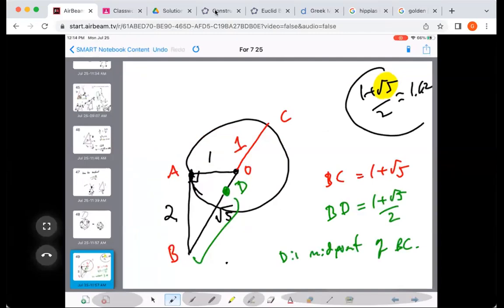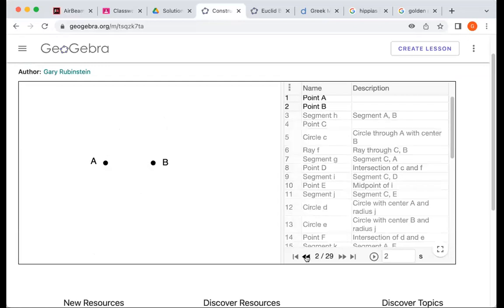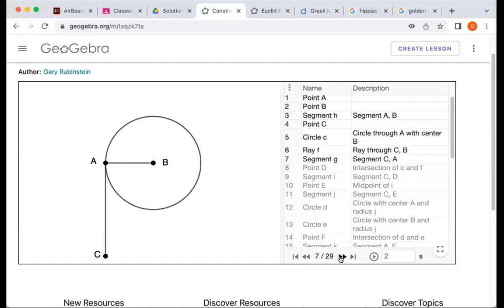Now that I've done it nice and slow, we can easily go through this and think about what happened. I needed a length of 2, so I can get the square root of 5 plus 1. That gets me the square root of 5 plus 1 over 2.